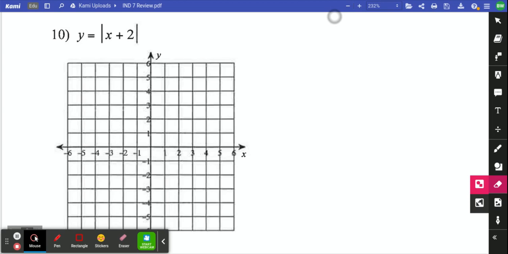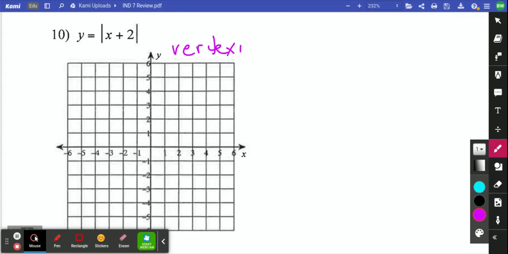Okay, so this one, we need to get our vertex. And we're looking for what is subtracted inside there. That's going to be our x-coordinate. And this doesn't have to be confusing. There's nothing subtracted. Instead, it's added. But you can always write addition as subtraction.